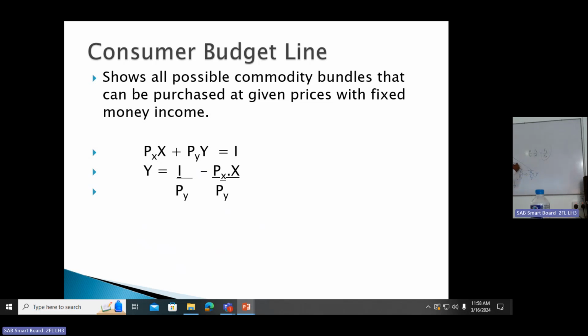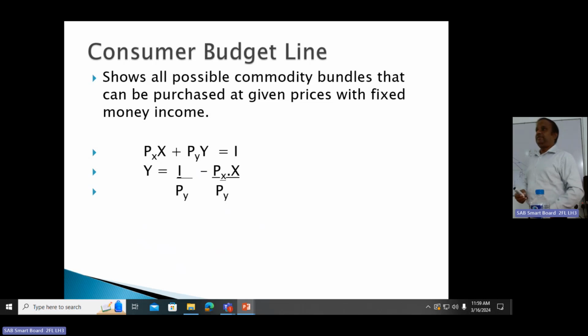So that means if there is a decline in the price of product Y, at a given level of money income, the consumer can buy more of that product, right? Purchasing power increases. Therefore, the budget line rotates from that axis, keeping the given intercept, right?